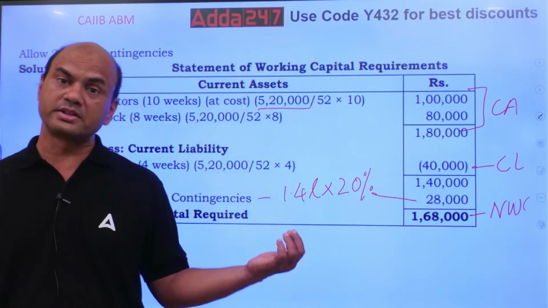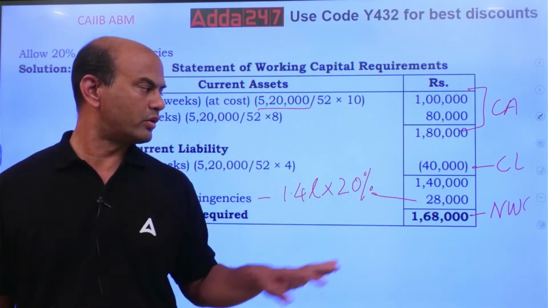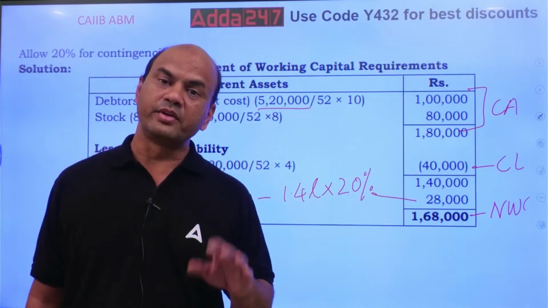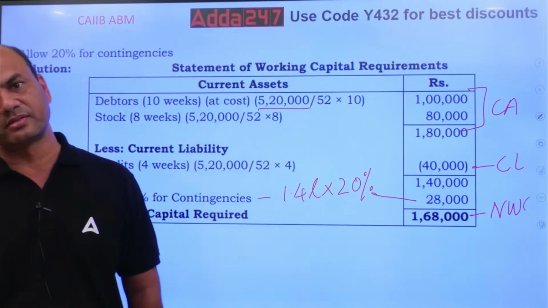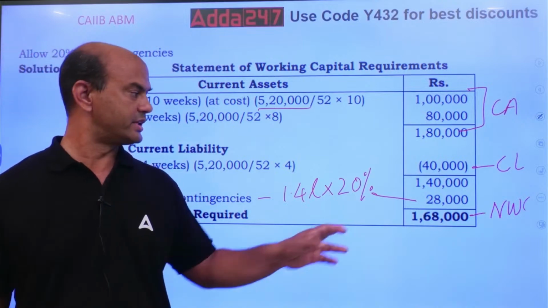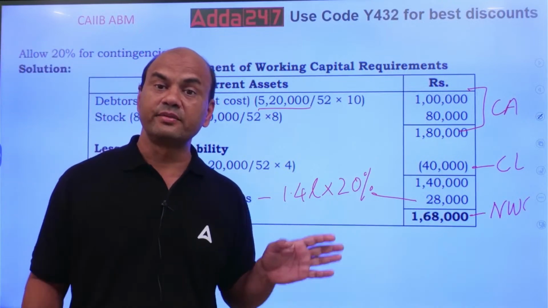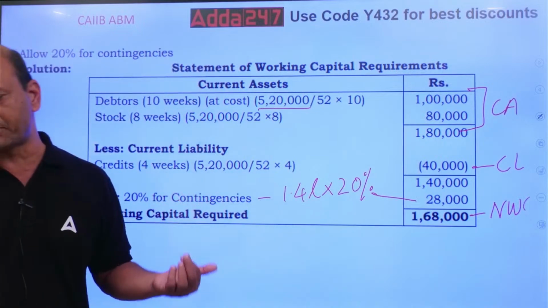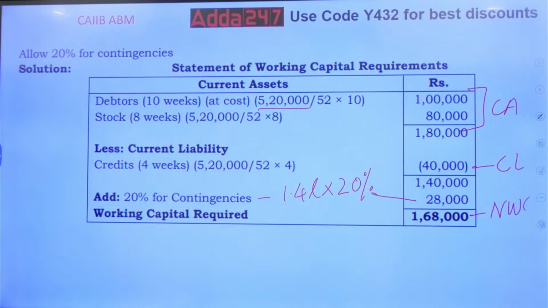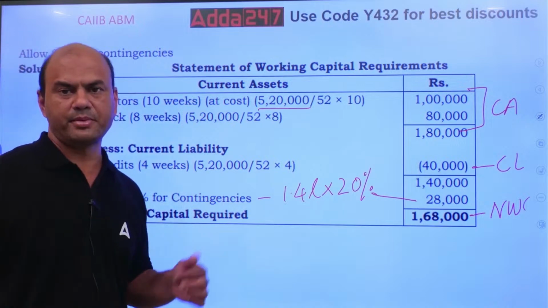Now how to solve this? Generally, out of this, 75% is given by the bank, 25% is taken by the customer. This is the method we follow, and this is the working capital gap to be found out. And you get a question on working capital gap only in the exam.